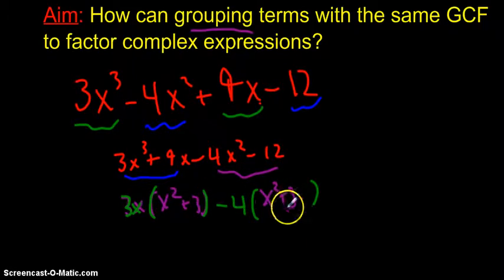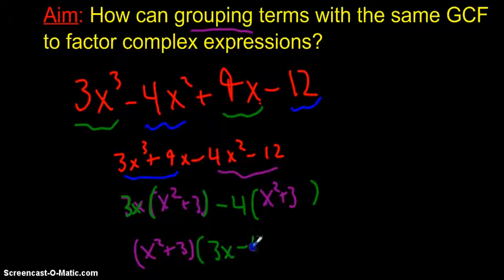So now the common polynomial factor is x squared plus 3. When we factor that out of these 2 terms, that leaves over 3x minus 4, which is the same thing we got before, except now they're in a different order. But if you remember, the commutative property says the order in which you multiply 2 values will not change its result.